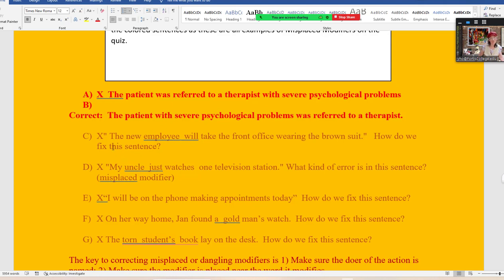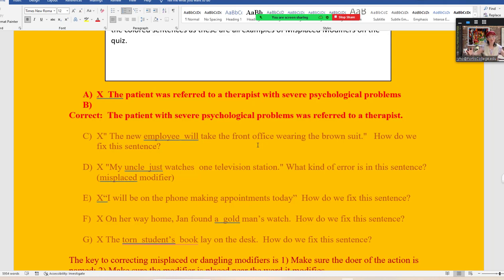Another example: the new employee will take the front office wearing the brown suit. So your front office is going to wear a brown suit. I think you can do that now with those text-to-picture art generators, and you're going to have an office wearing a suit. But does that make sense in a sentence?